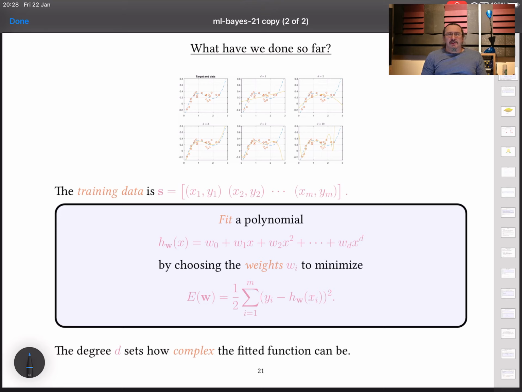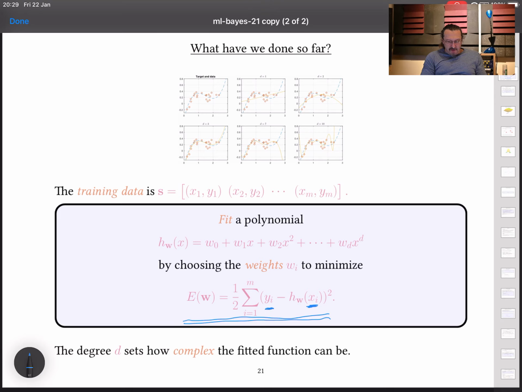Now this slide is just summarising really what I've said about exactly what the training algorithm is in making that example. I'm fitting a polynomial of degree d, and I'm fitting it using this, which we've seen before, the sum of the squared errors on the training examples, which just means whenever I have a training example, the ith training example, xi, yi, I put the xi into my prediction for what yi should be.